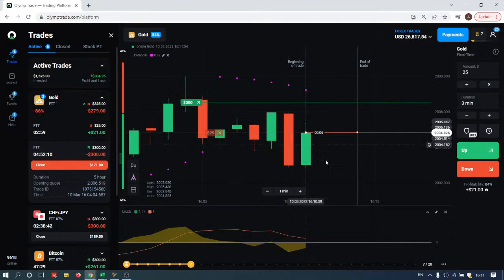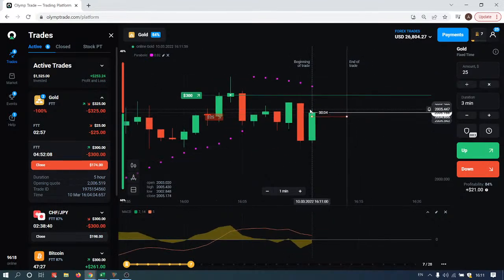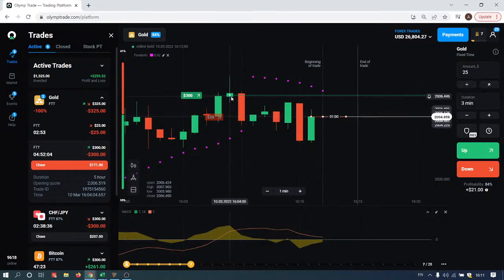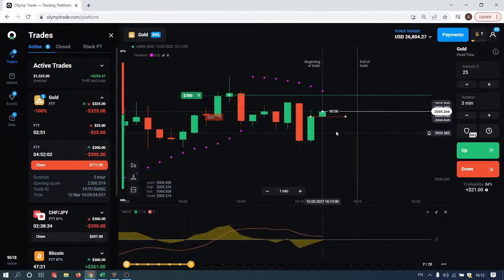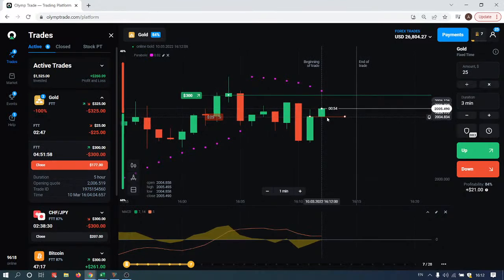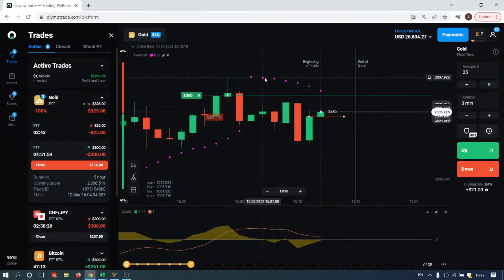And here is my first trade. This is a trade in the downwards direction on gold, even though I have a long-term trade in the upwards direction. But there is nothing wrong with combining them. I have two signals.